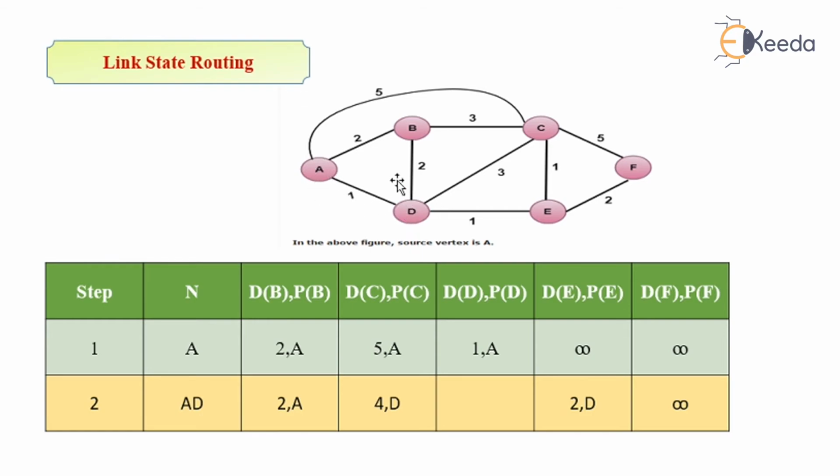In the segment of AD, I want to find out the routing table for C. C is the immediately connecting segment for AD. That is why the cost is 1 plus 3, which is 4, and for this the previous node is D. D is represented here.